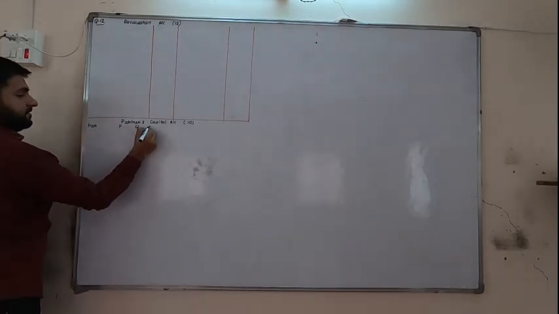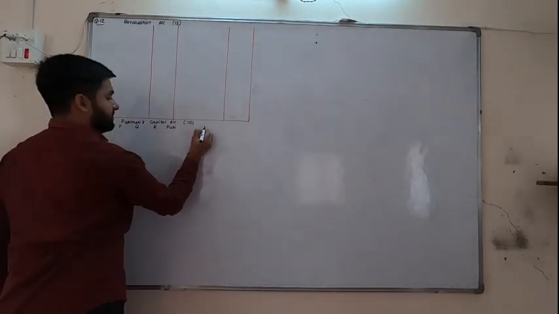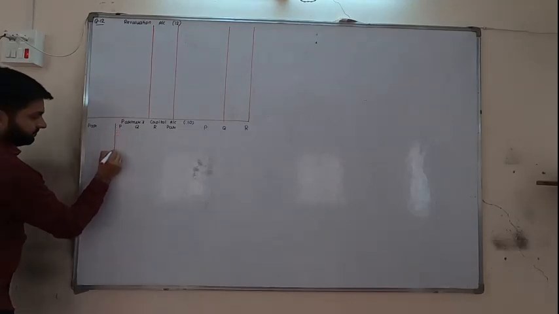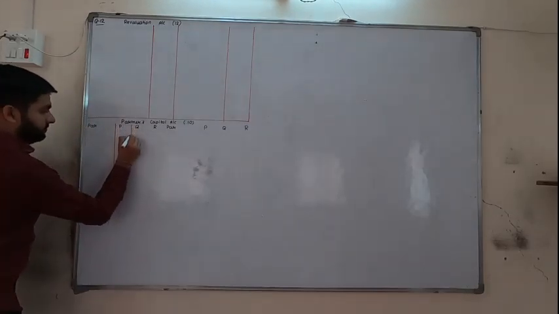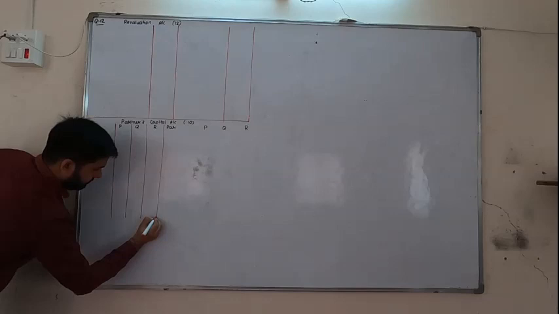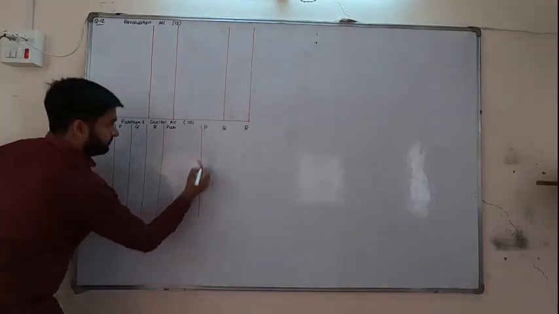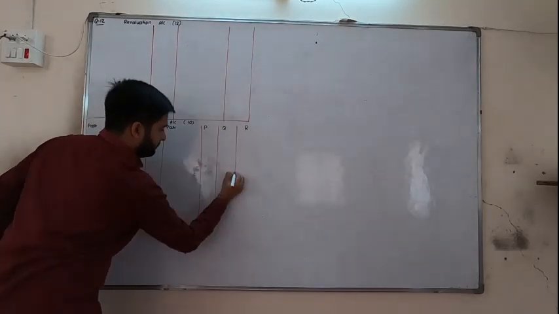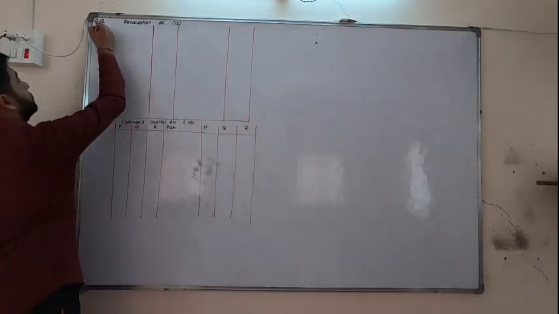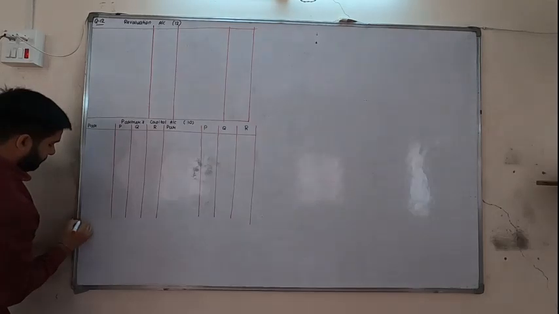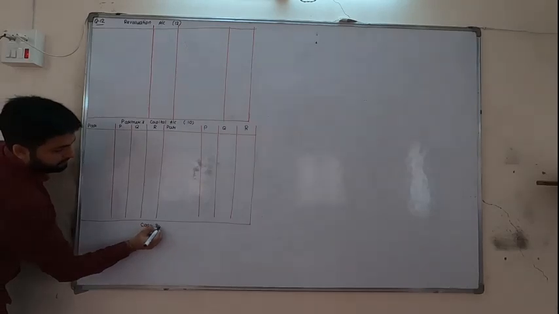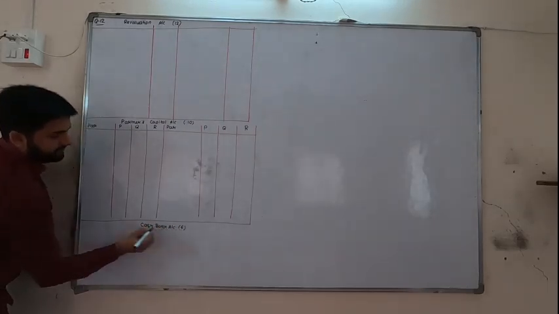Particulars P, Q, R. Next, cash bank account, draw for 6 lines.